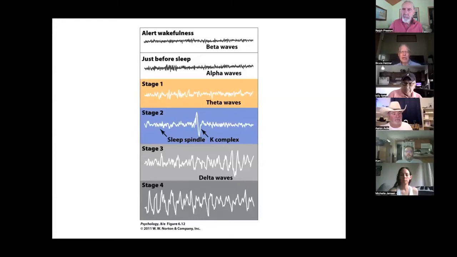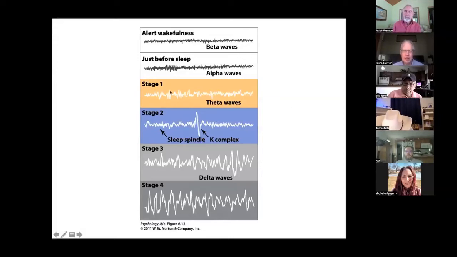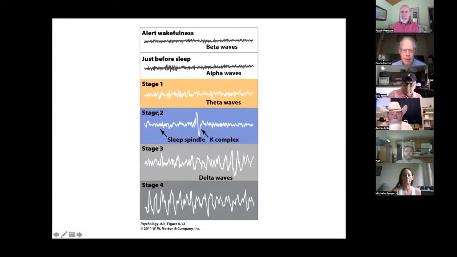When you go into sleep, you have slower waves still. These are called theta waves. And these occur during the initial stage 1 of sleep. You then go into stage 2, where you get what are called sleep spindles, and they're sort of like alpha waves and what are called K complexes.